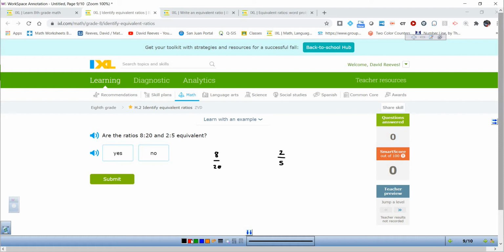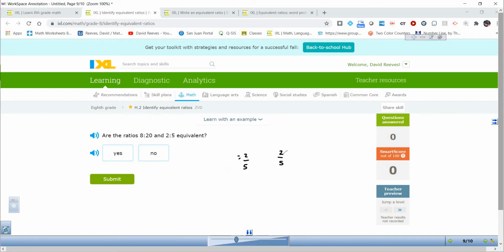But if you look at the ratio of 8 to 20, I can divide both of those by 4. 8 divided by 4 is 2, and 20 divided by 4 is 5. And as you can see, 2/5 equals 2/5. So the answer to this one would be yes.